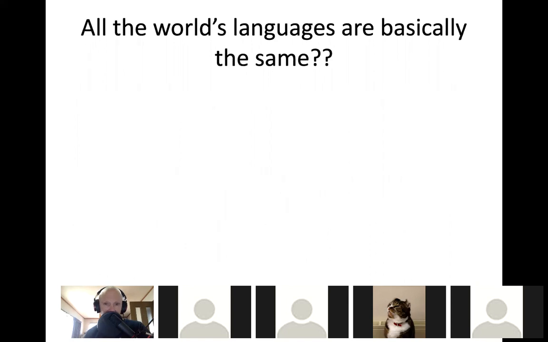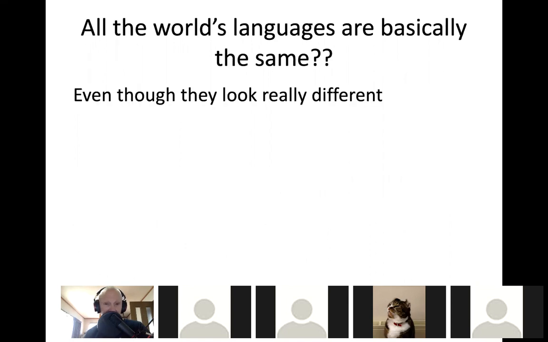Okay, so all the world's languages are the same. That's the basic idea. Even though they look really different, English and Japanese look very different, but deep down, they're the same. For example, there's different word order in Japanese. English has subject, verb, object. Japanese has subject, object, verb, right?